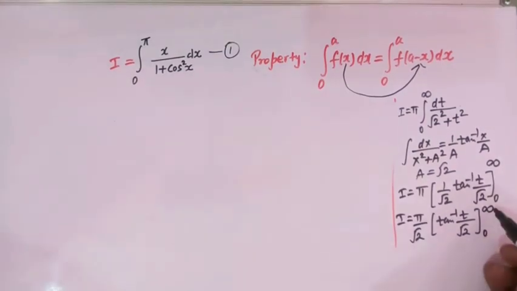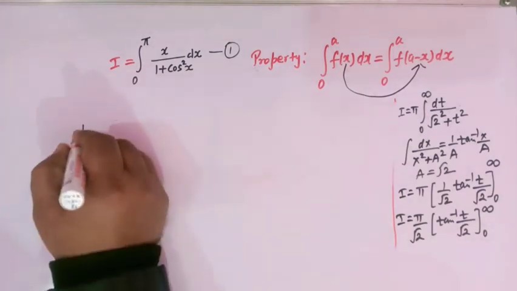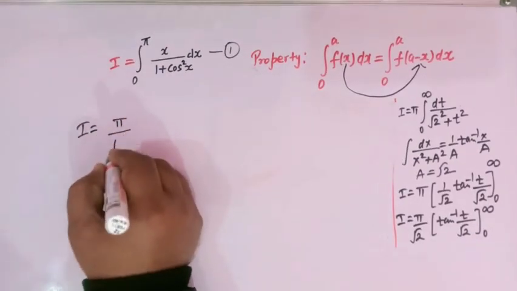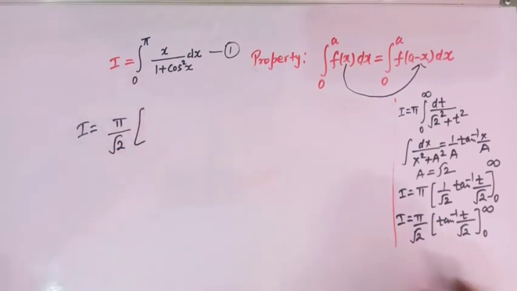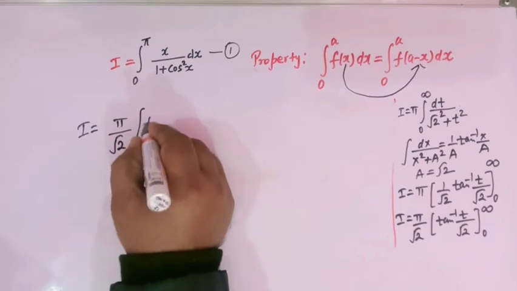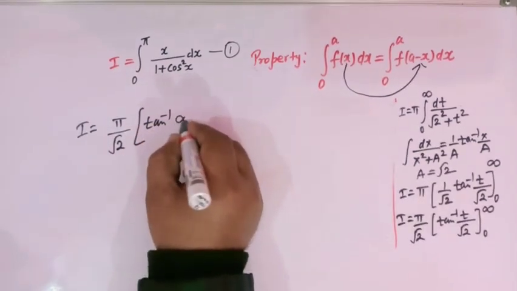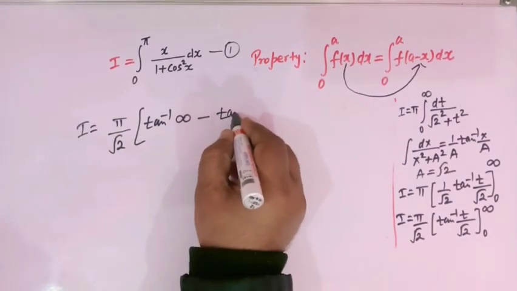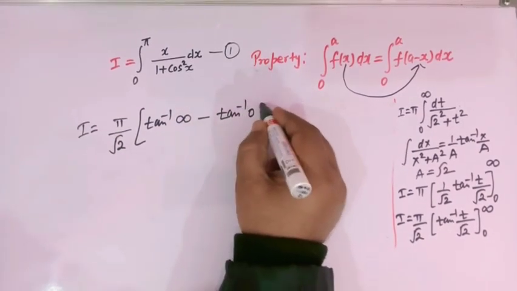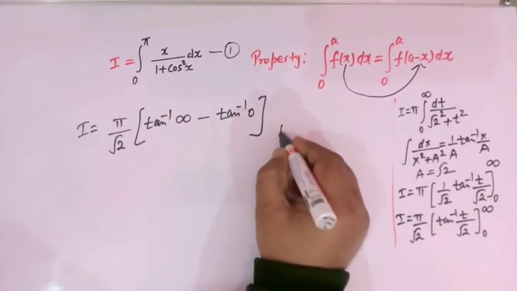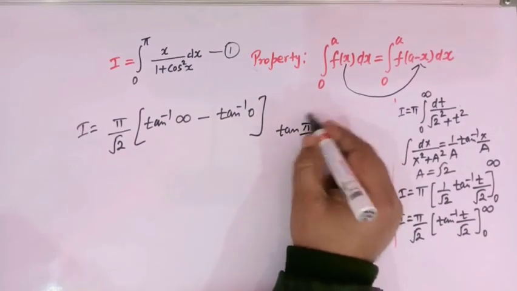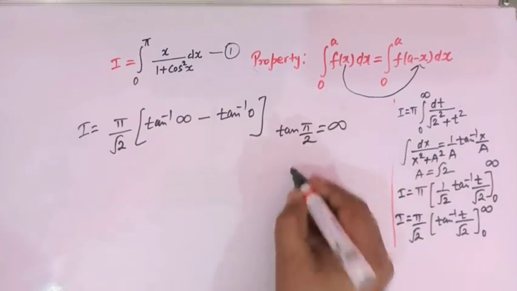Now we can simply substitute the limits and take the difference. So we have pi over root 2, and when we substitute the limits we get tan inverse infinity minus tan inverse 0. We know that tan of pi over 2, that is tan 90 degrees, is equal to infinity.